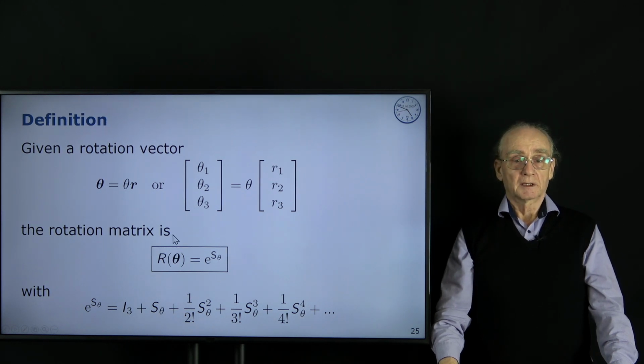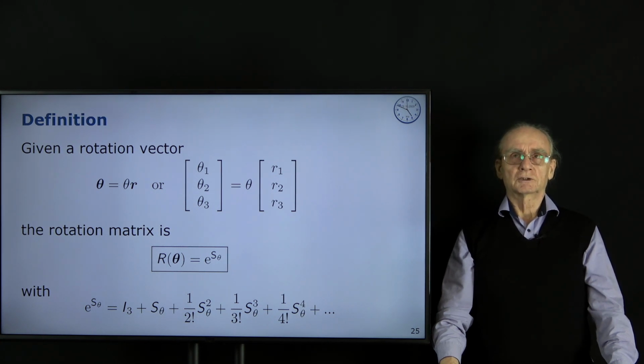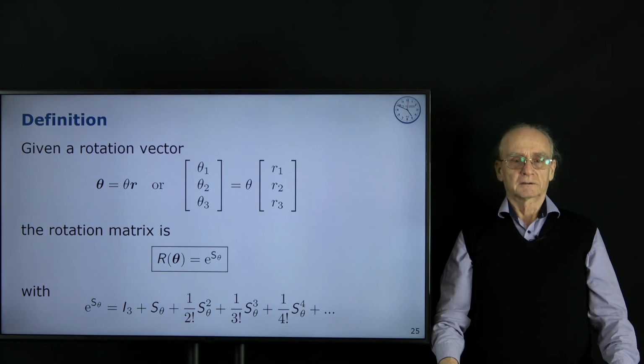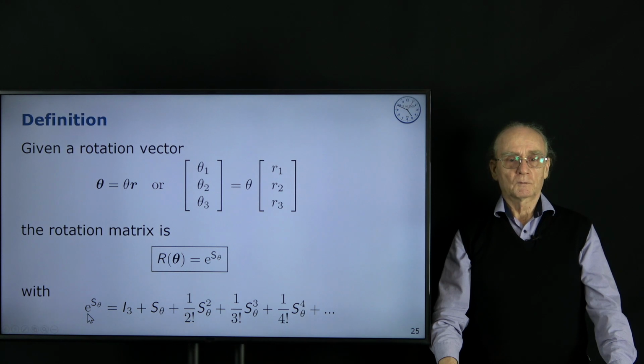Then I postulate that the rotation matrix, depending on this vector, is the exponential of the skew-symmetric matrix of that vector. We need to imagine what the exponential of a matrix is. We generalize the infinite series of the exponential to matrices.